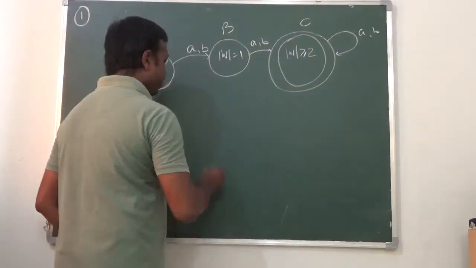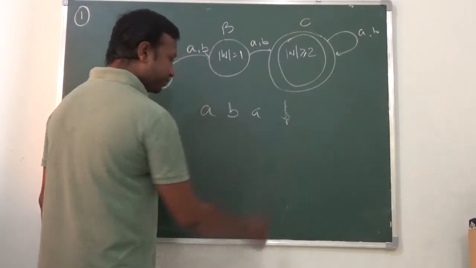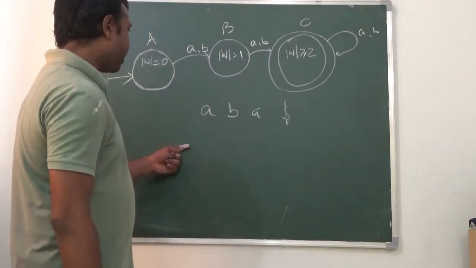Let us test it for another input. Suppose I am going to read A, B, A, $. Let us see whether this is accepted or not.